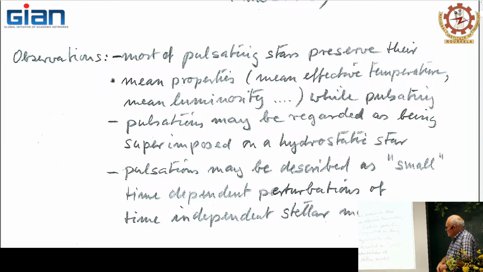That also implies that these pulsations may be described as small time-dependent perturbations of a time-independent stellar model. So we have a hydrostatic time-independent model, and superimposed on this star are the pulsations, or the perturbations of the star, which are time-dependent, and from the observational point of view they seem to be small compared to their mean values.